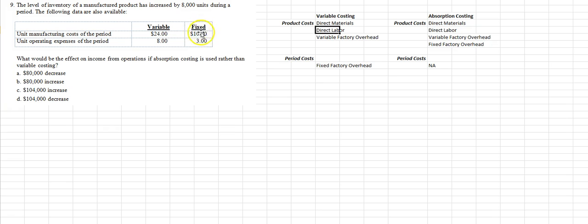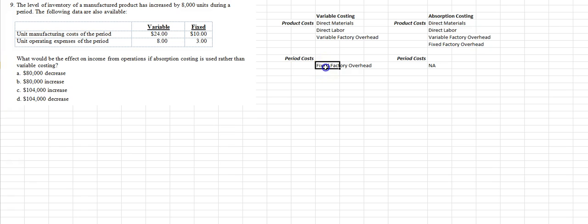So we're going to focus on this area here, fixed units manufacturing cost of the period, because under variable costing we expense them entirely, and under absorption costing we put them as a part of the product cost. So if we have some units that are left over, then this portion here is going to go into inventory under absorption costing, but will not go into inventory.